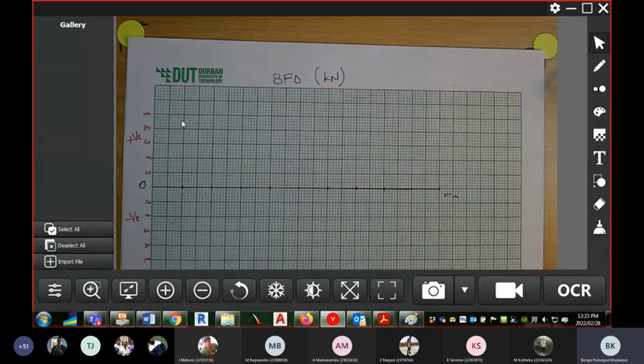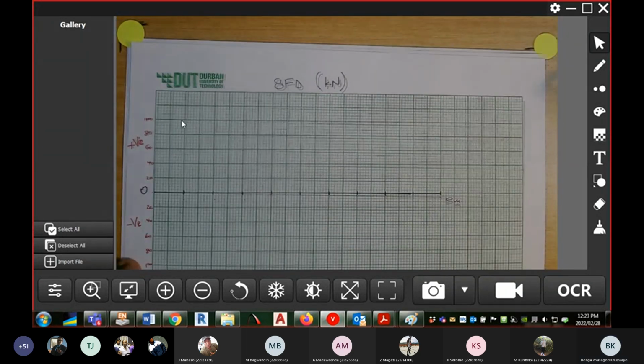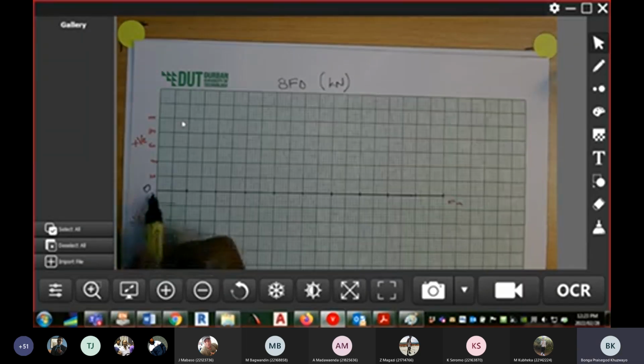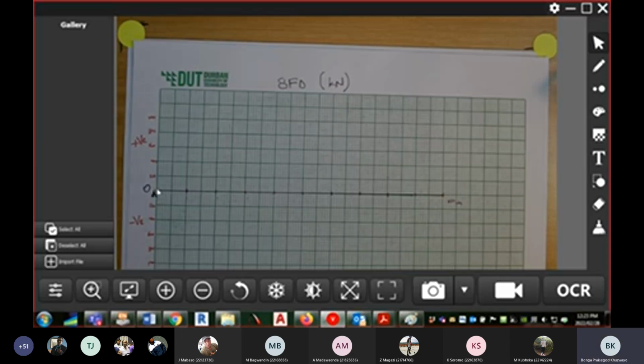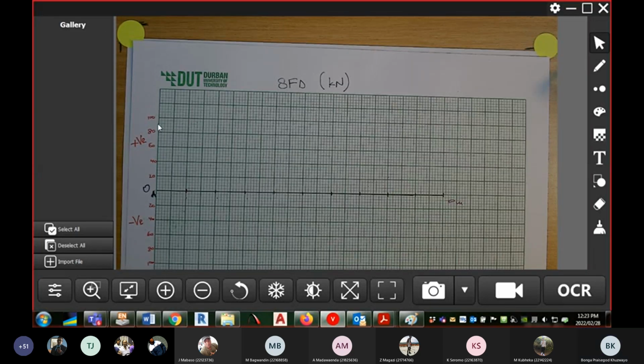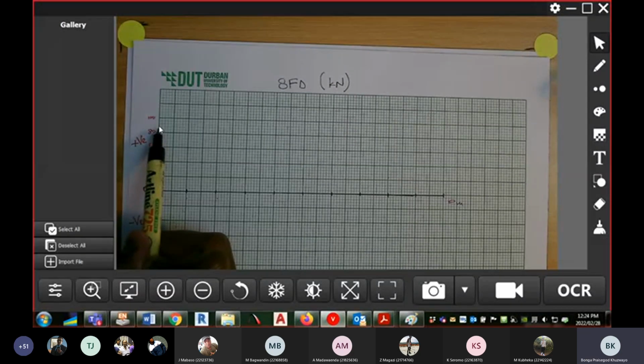So now, this is node A. At node A, we're going to start with a vertical line of force of 84.5, say it's somewhere there.